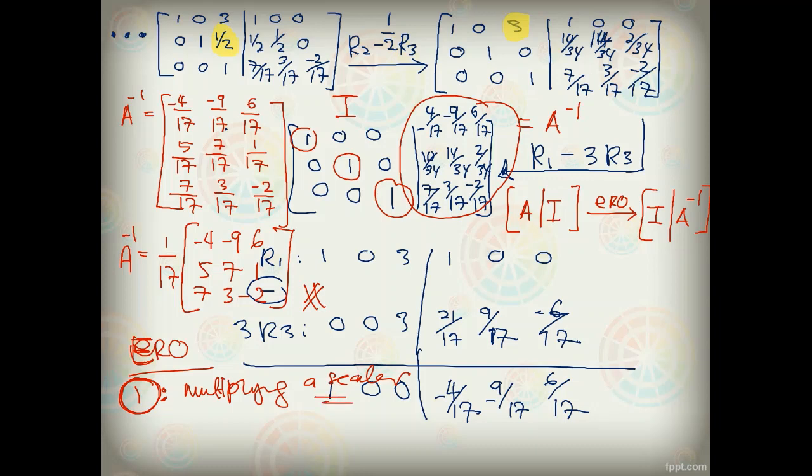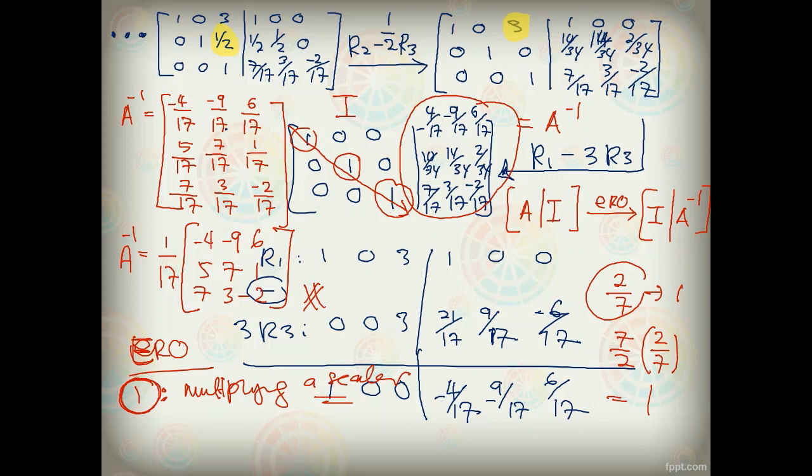For example, if you have 2/7, to reduce this to 1, what you do is multiply the only row that is involved with 7/2. You multiply 2/7 by 7/2, you'll get 1. So that is for the diagonal element, the main diagonal. To change the main diagonal, you just apply the rules of multiplying a scalar.